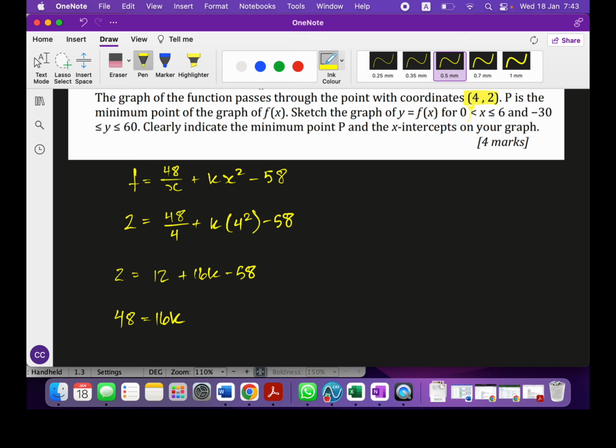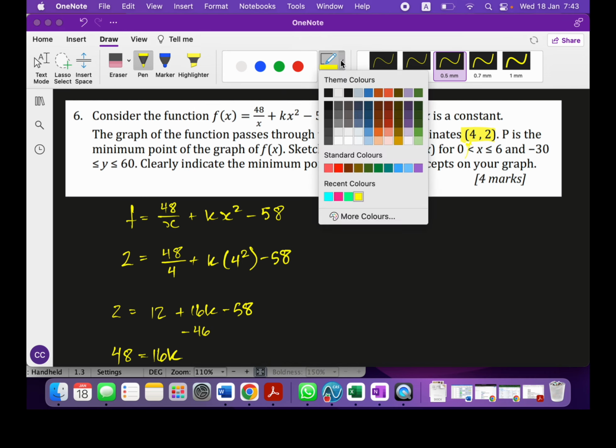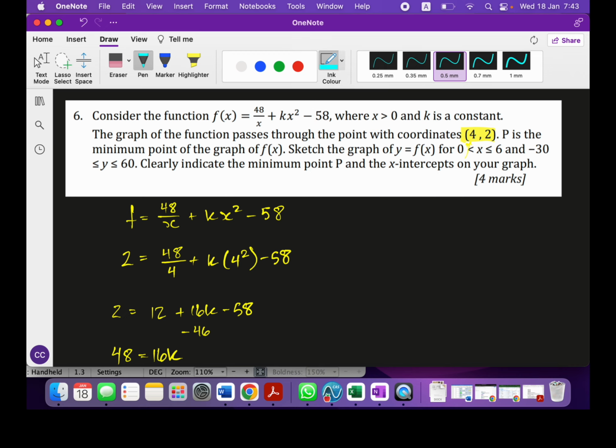Again, I just combine those, so that'd be negative 46, and then I'd add 46 to both sides. So k has got to be 3, because 48 divided by 16 is 3. So now I have my function. My actual function is 48x to the negative 1 plus 3x squared minus 58. That's my function.